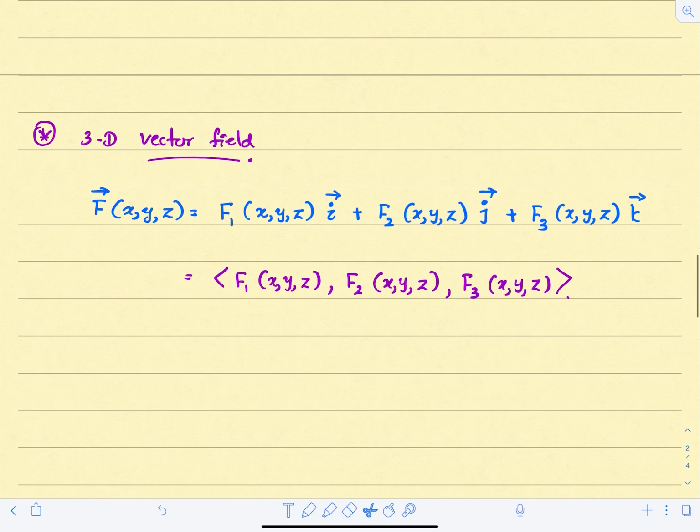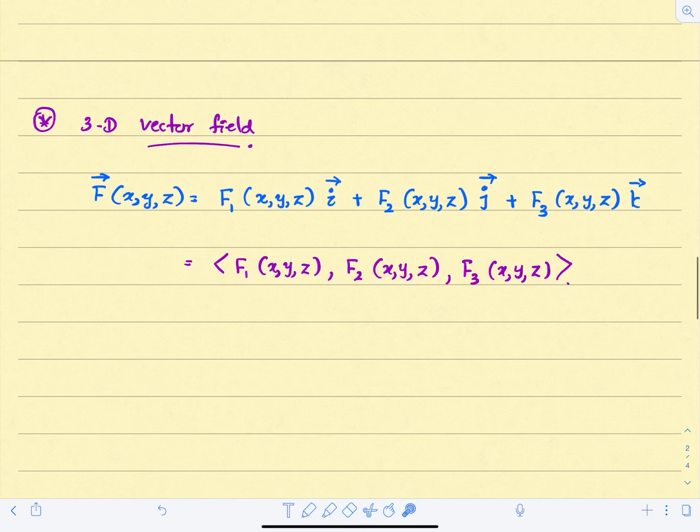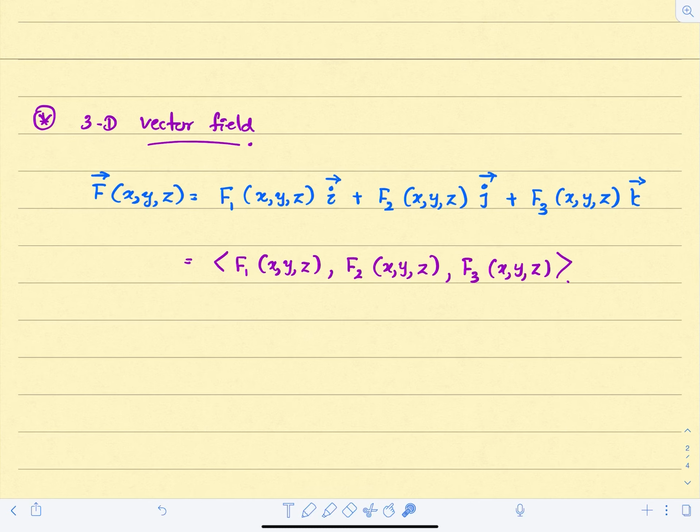Okay. Now if we consider a vector field in three-dimensional space, it should have three components, F1, F2 and F3. Now these component functions are functions of x, y and z. So at each point in three-dimensional space we have a vector.